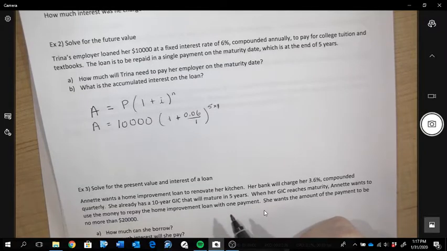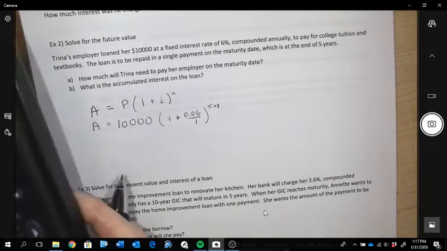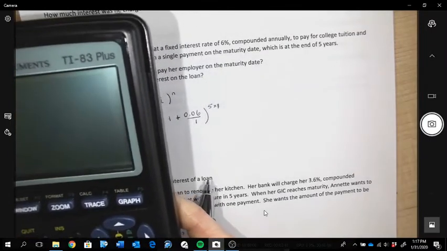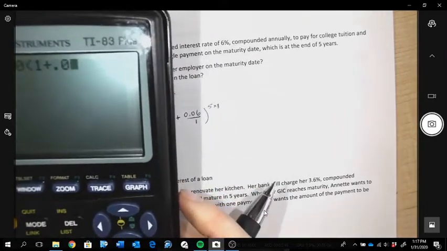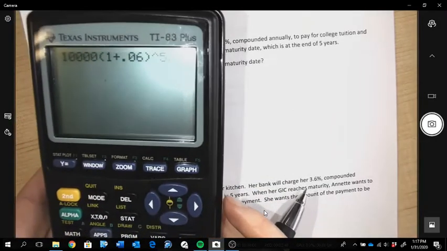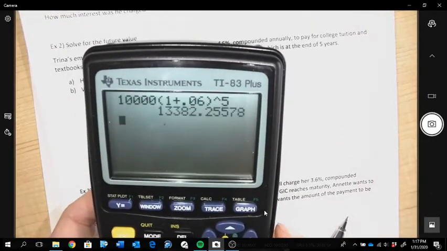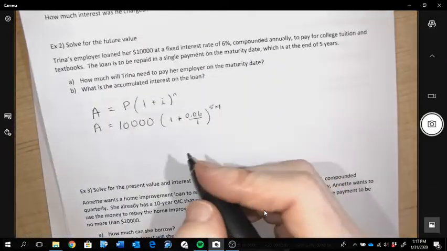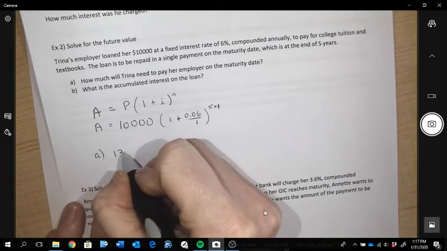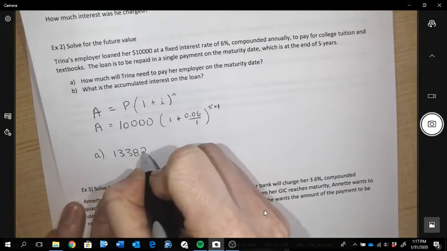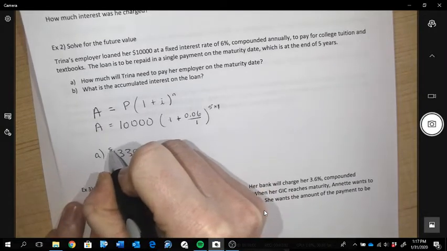Okay, so on your calculator, just making sure you're doing it correctly with brackets. So 10,000 times (1 plus 0.06) to the 5th. Okay, so in 5 years, she is going to owe her employer this much money.